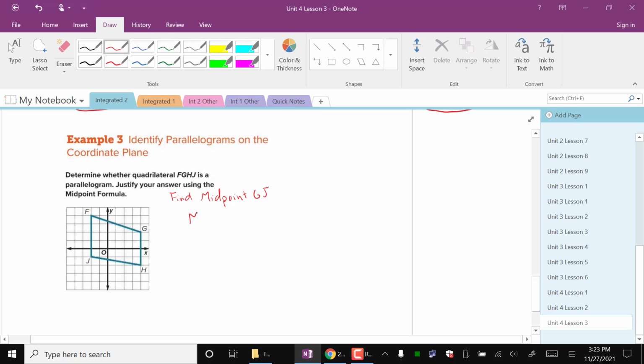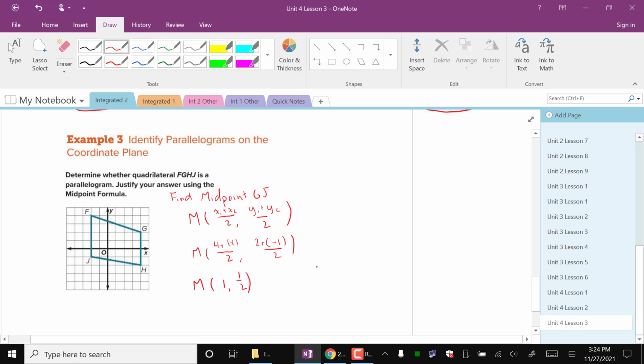Our midpoint formula is x1 plus x2 divided by 2, and then y1 plus y2 divided by 2. So our x1 is going to be 4. Our x2 is going to be negative 2, divided by 2. Our y1 is going to be 2. Our y2 is going to be negative 1, divided by 2. So this gives me a midpoint of 1 and 1/2.